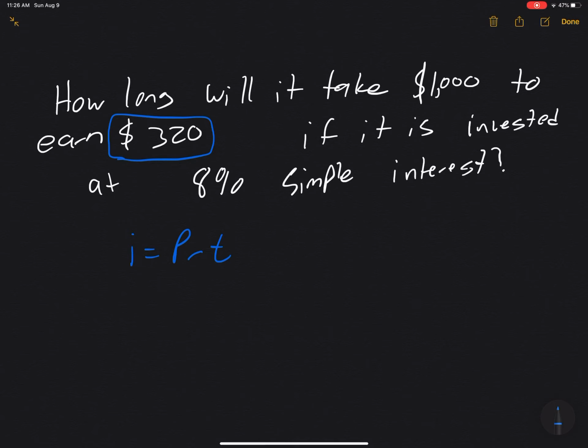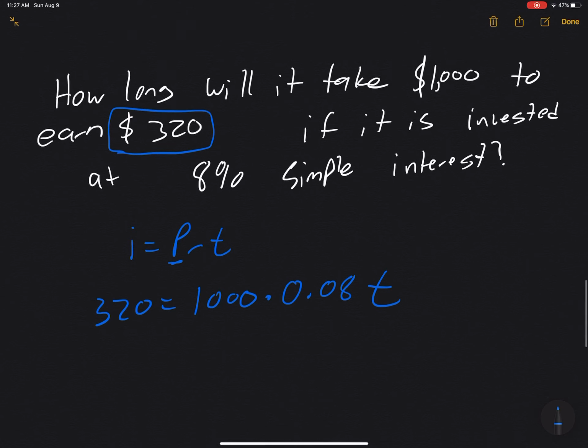So to replace the little I, we have 320. Our principal investment, our P, is $1,000. Our rate is 8%, which once again is 0.08. And we are looking for how long, so we're looking for our time once again.